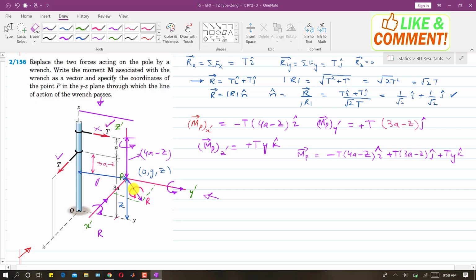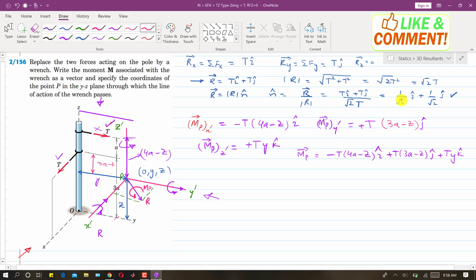So let's assume that initially the wrench is positive. If this is the MP moment, and this MP is in the direction of the resultant, then the direction cosines of this MP and the direction cosines of the resultant will be the same.